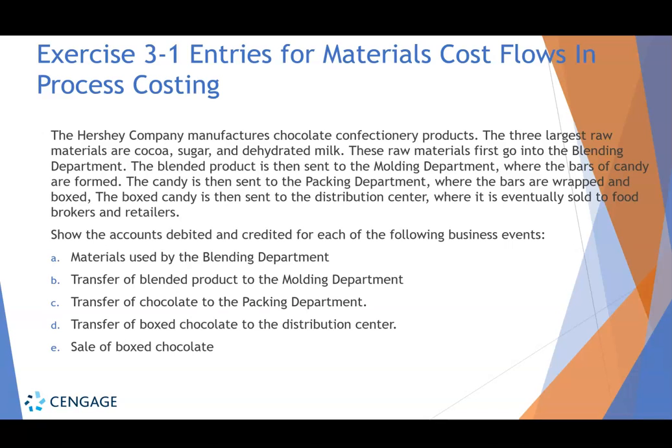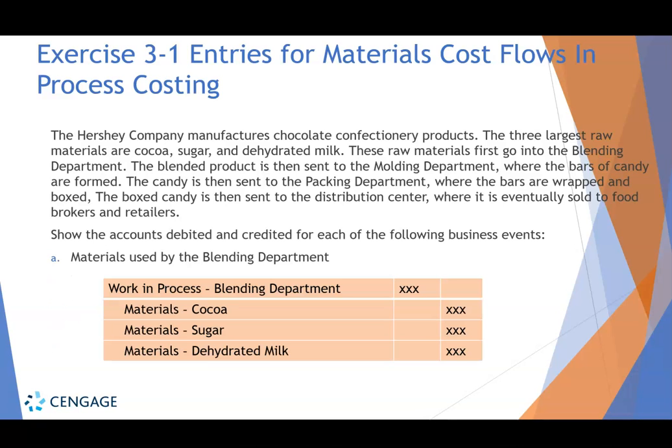So the first, the materials used in the blending department. We would debit our work in process for the blending, and we credit our cocoa material, our sugar, and our dehydrated milk. They all come from the materials inventory.